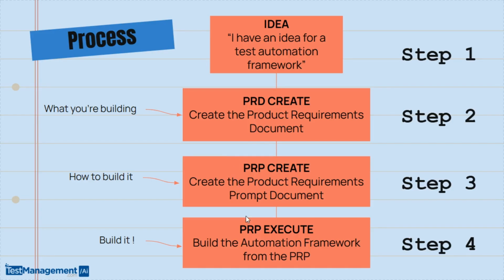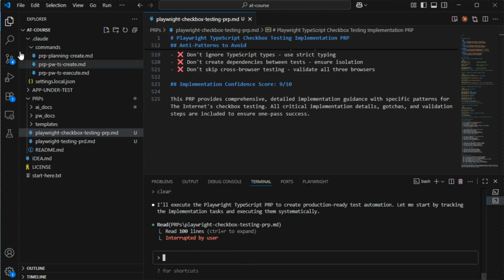So in step 3 then, we want to run the PRP execute document, and the input for that command is the PRP document that we've just created. So what we'll do now is use the PRP Playwright TypeScript execute command.